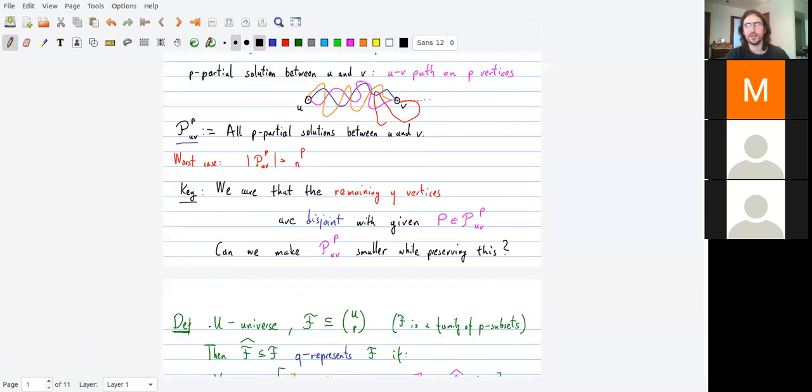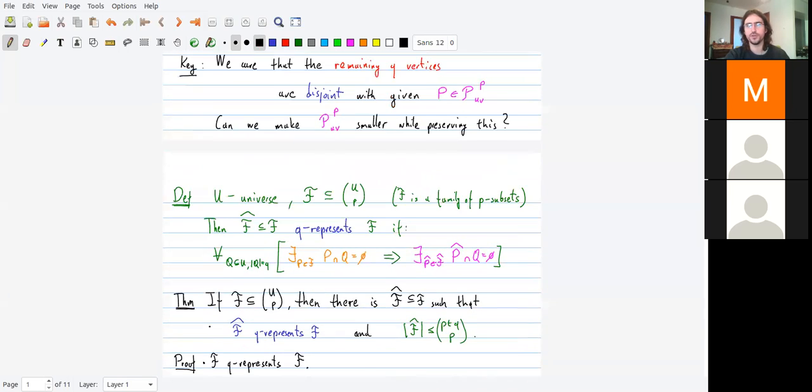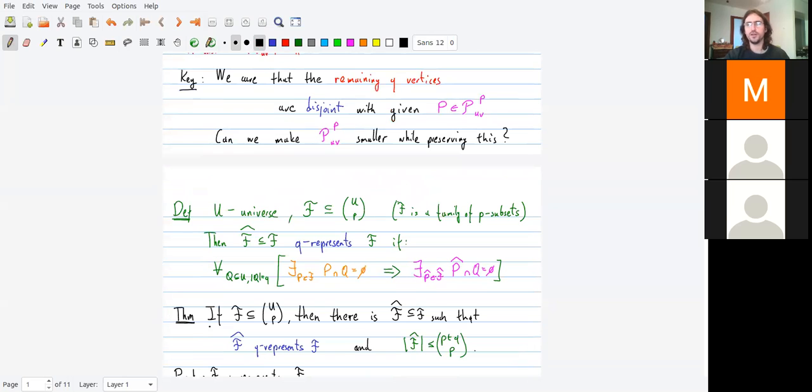So now let's make the main definition of this lecture, which formalizes this idea of restricting to a smaller family of witnesses, and this smaller family is called the representative set. Hence the name of the technique.